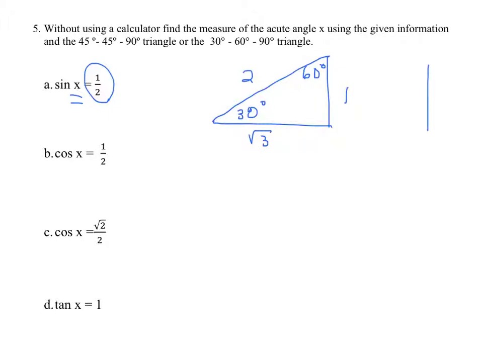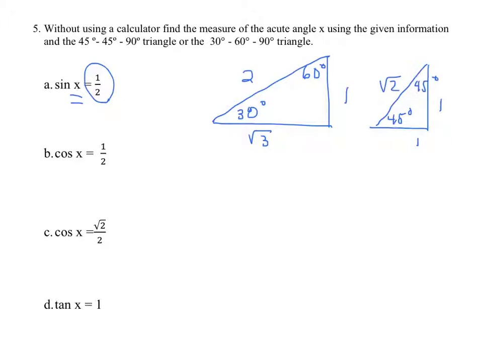And I'm going to write down the 45, 45, 90 triangle that I know and love. Some of these might be challenging, but if you haven't memorized, we're good. So the sine of some angle is 1/2.